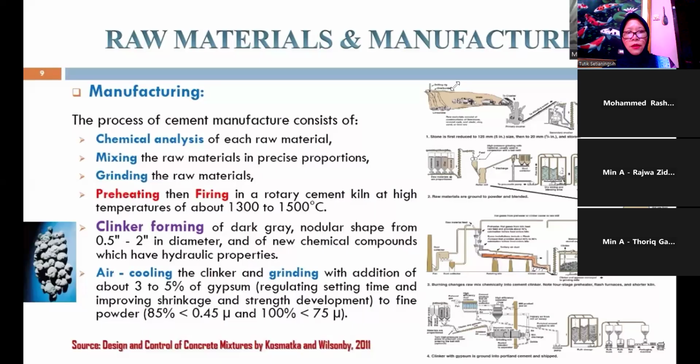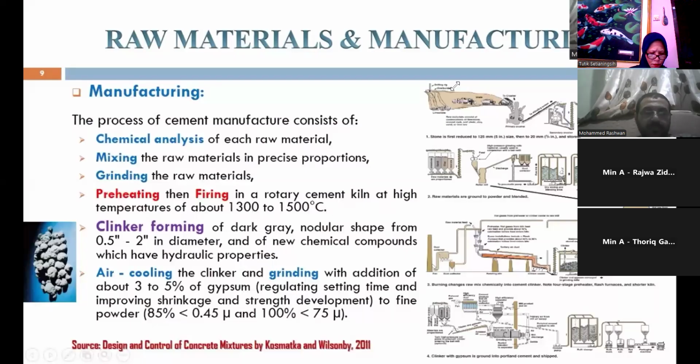Then the materials are input in a rotary kiln, preheated, and then fired at high temperatures of about 1,300 to 1,500 degrees centigrade. The clinker is formed at the end like this.